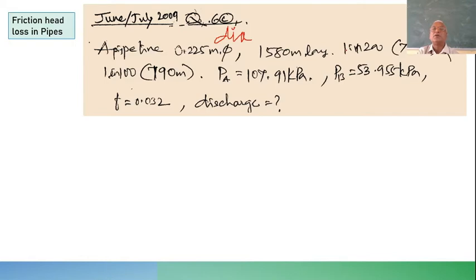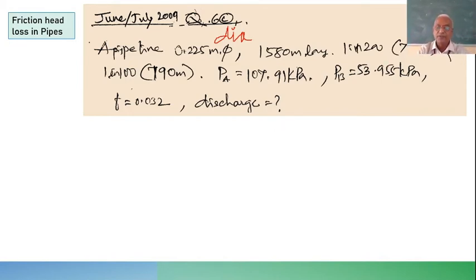It is 1 in 200 slope for 790 meters and 1 in 100 slope in another 790 meters. The pressure at A is 107.91 kilopascals. Pressure at B is 53.955 kilopascals. Now what they are asking is the discharge.